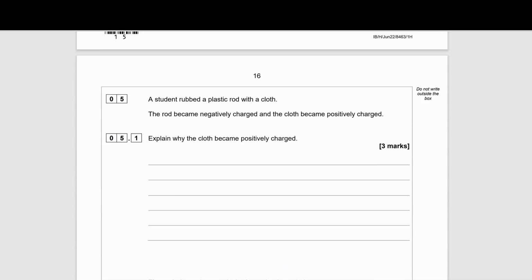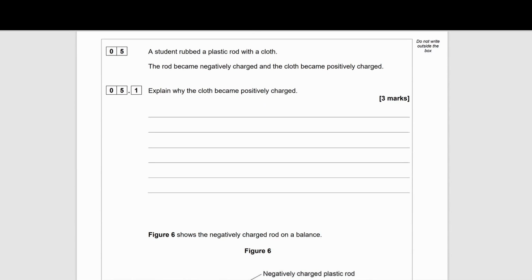Question 5. A student rubbed a plastic rod with a cloth. The rod became negatively charged and the cloth became positively charged. Explain why the cloth became positively charged. 3 marks.